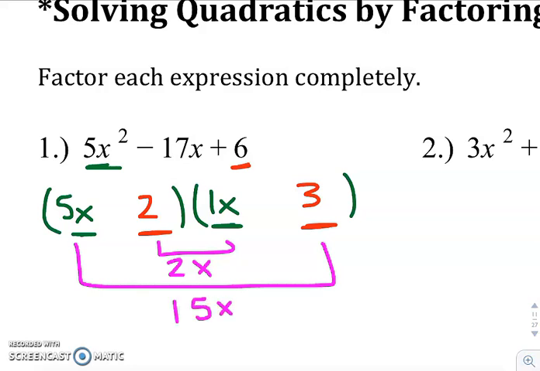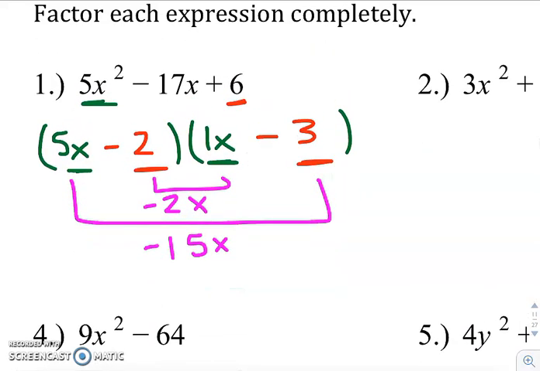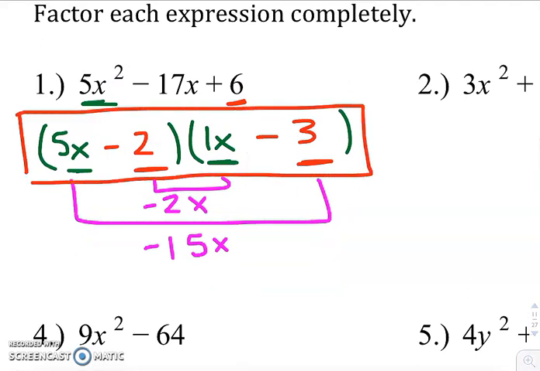So can we get to negative 17 using 15 and 2? We would want them both to be negative. And then a negative 2 times a negative 3 is positive 6. So 5x minus 2 times x minus 3 is the factored form of that expression.